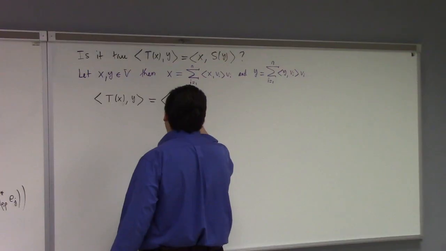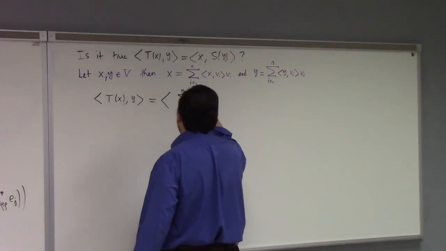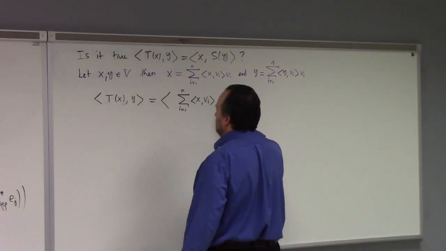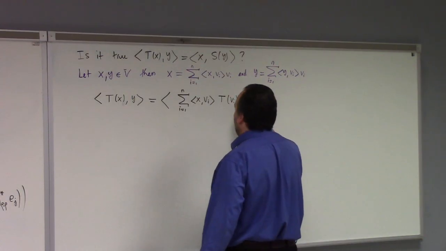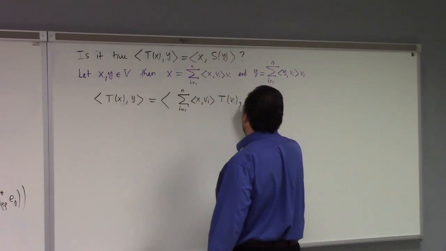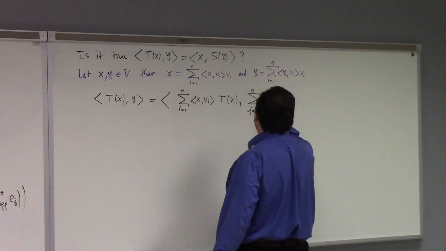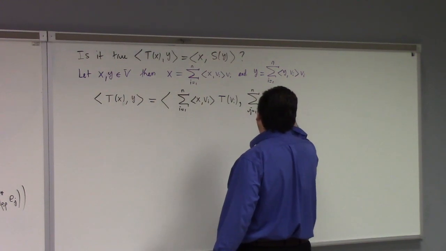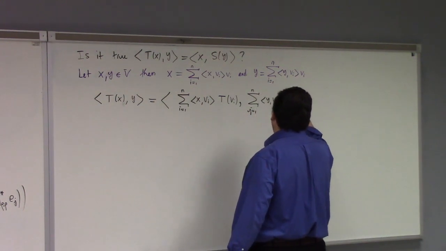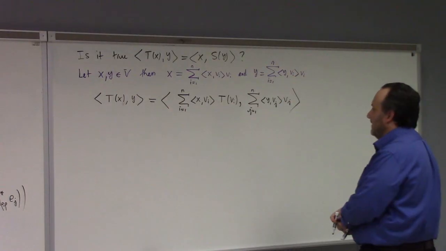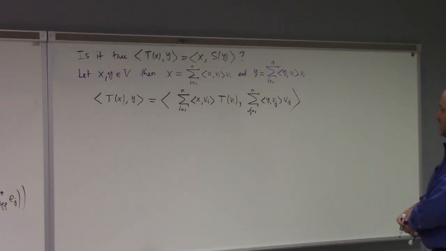So that's the sum i equals 1 to n of the inner product of x with vi, T of vi, right? Comma, the sum j equals 1 to n. This feels wrong. The inner product of y with vj, using the linearity of T in the first one there.